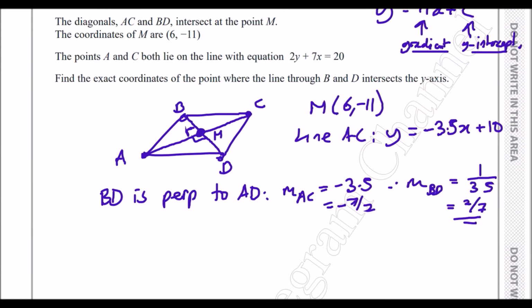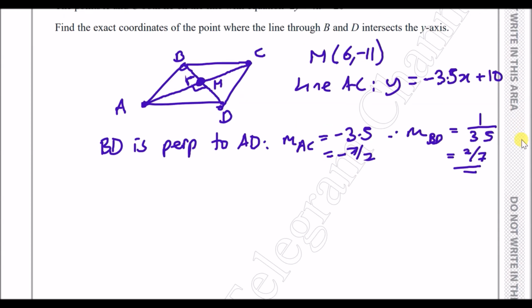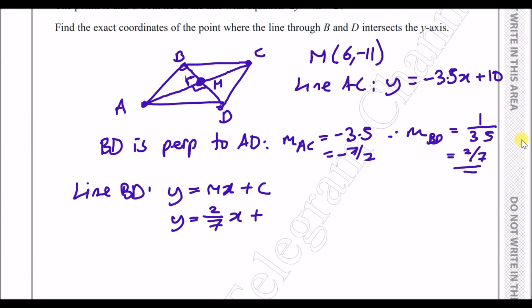Now, to find the exact coordinates, it's always useful if we know the equation of the line, yeah? So let's write the line BD, which is y equals mx plus c. We know the gradient is 2 over 7, so y equals 2 over 7 x plus c. Do we have the coordinates for this line? Yes, because M is on the line BD, and we know M is (6, -11). So let's plug into that equation.